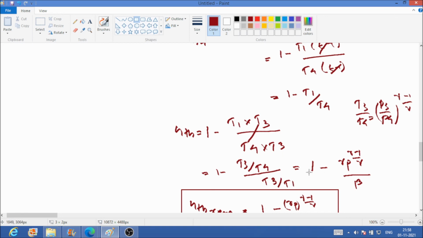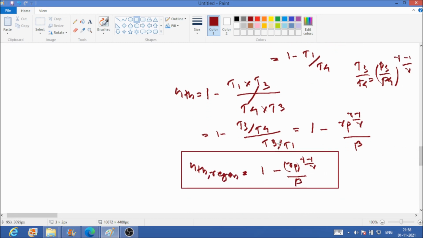That is equal to 1 minus T3 by T4, which is actually P3 by P4 to the power gamma minus 1 by gamma for an isentropic process. So this is the pressure ratio Rp to the power gamma minus 1 by gamma, divided by beta, which is the ratio of the highest temperature and the lowest temperature. That is equal to 1 minus Rp to the power gamma minus 1 by gamma, divided by beta. So this is the expression for eta thermal for the regenerated cycle.